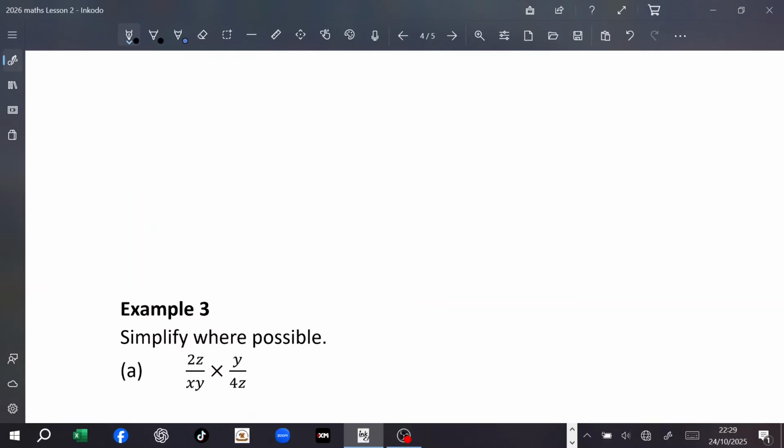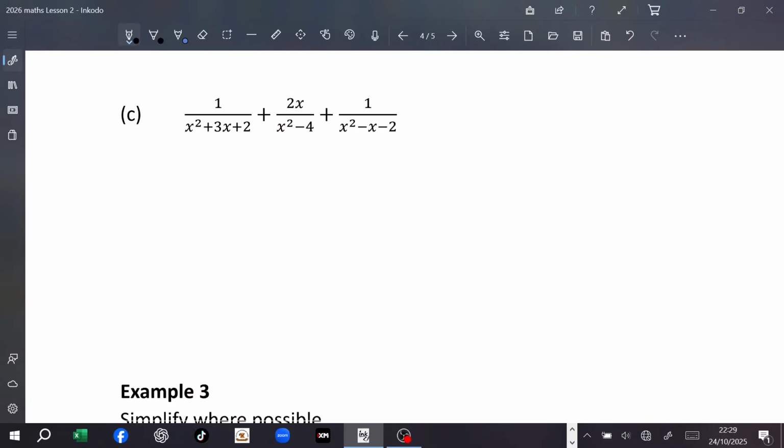Then we have another one here. This one has got now 3 terms. So we'll do them separately. So this one we'll say equals. So we need to simplify first. Okay?